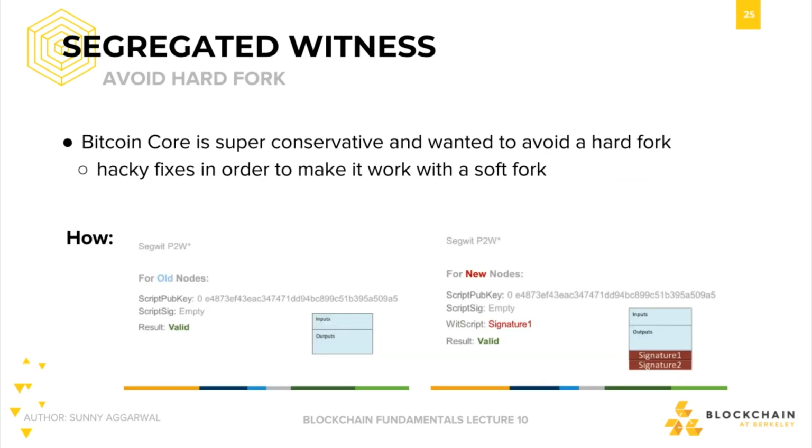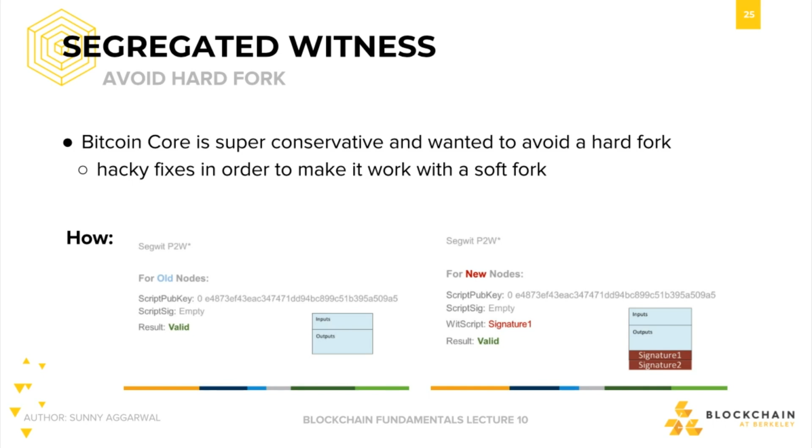So Bitcoin Core, when trying to propose this, is super conservative and they didn't want to deal with a hard fork, so they came up with a bunch of hacky fixes in order to make it a soft fork. Their idea was that the old nodes are going to see these new transactions with SegWit enabled as, oh, these can be spent by anyone.